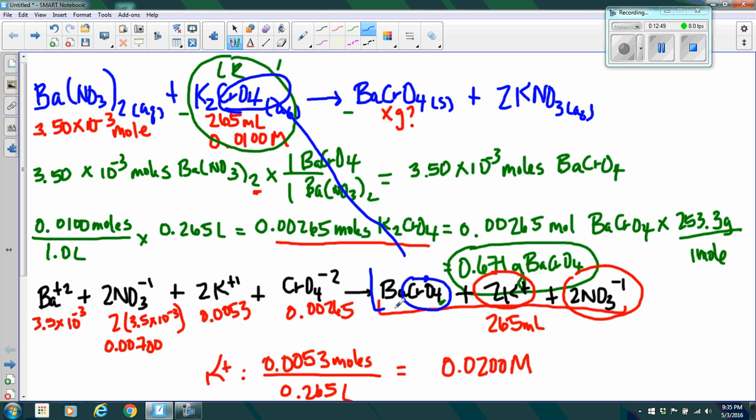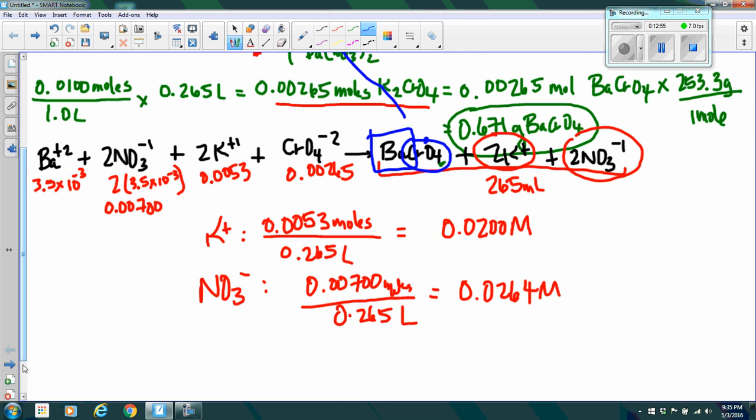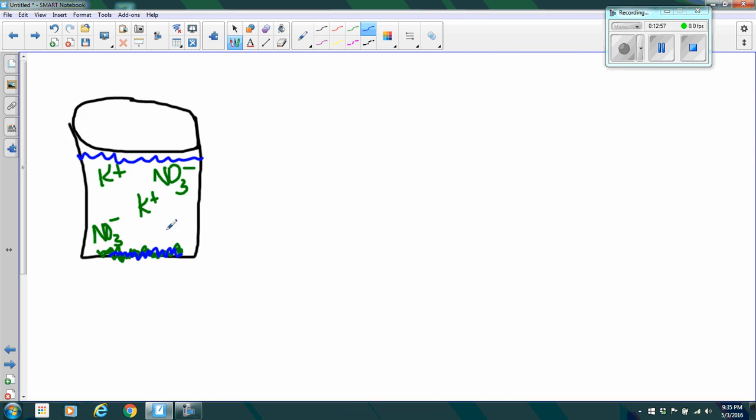So what's in excess is my barium ions. Well, I have those barium ions also floating around on the top then. In my picture here, I got to add barium ions because not all of them went into making this solid. So what concentration of that do I have left?